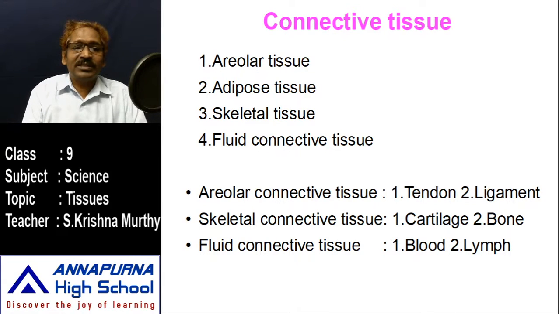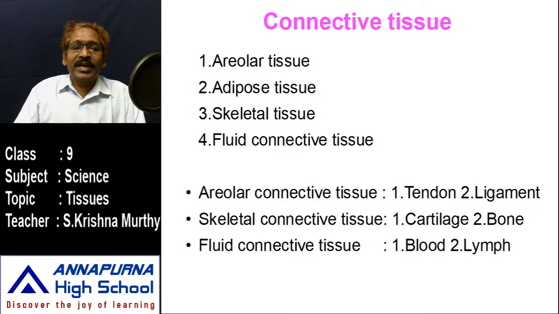Most of the cells are tethered to each other by connective tissues. These must connect to form the structure of the body. What are the different kinds of connective tissues here? The first one is areolar tissue, then adipose tissue, skeletal tissue, and fluid connective tissue.